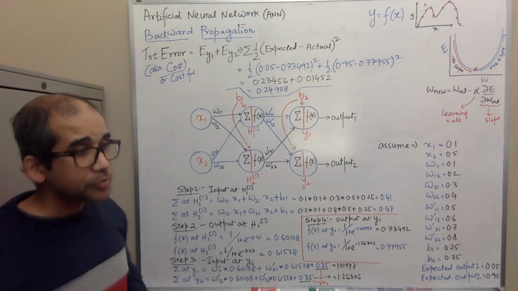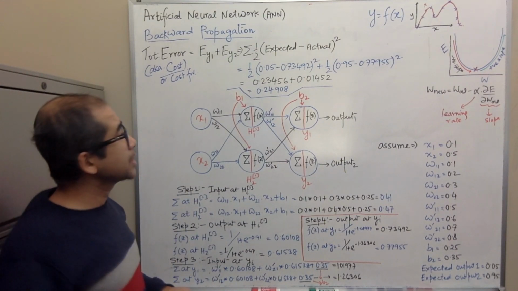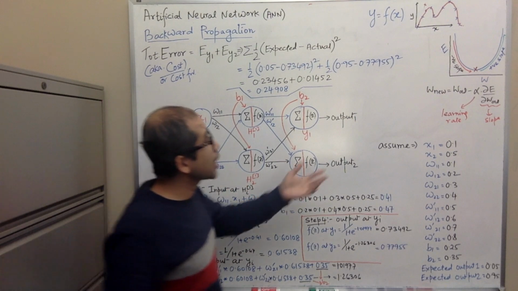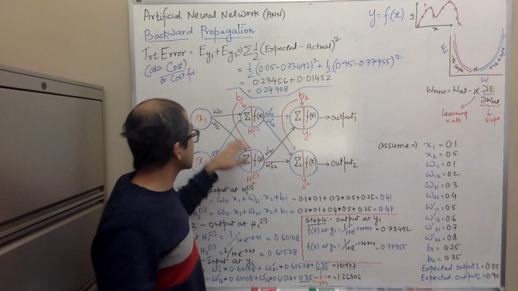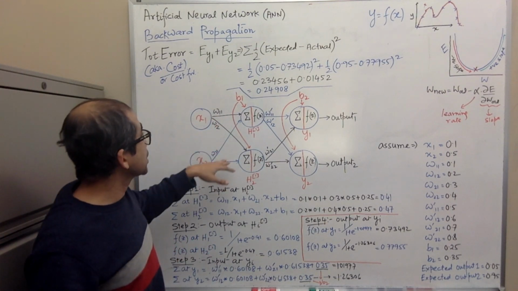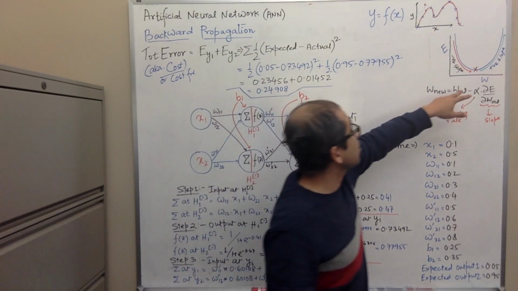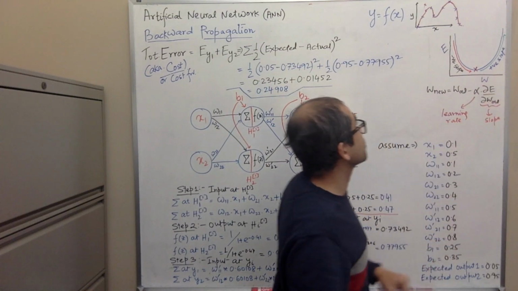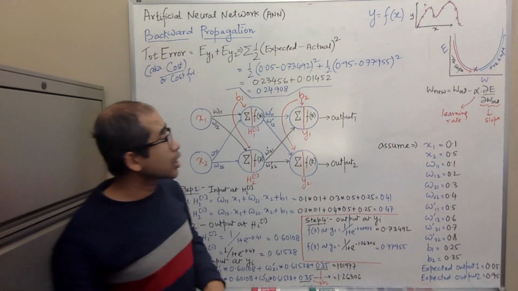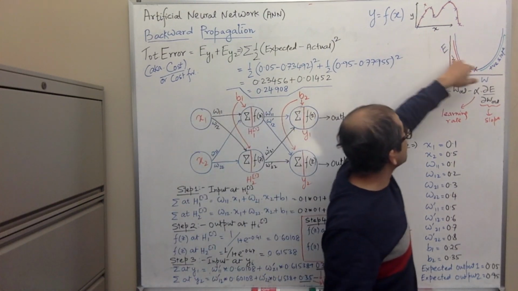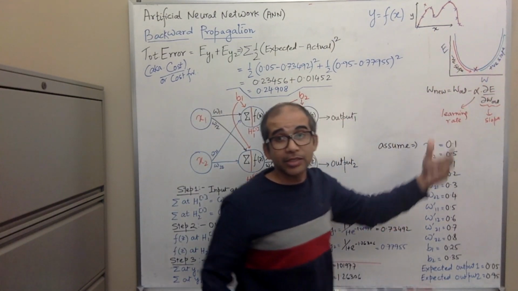Now, as we have seen, if we plot the error function with respect to any of the weights, there are 8 different weights, and if we plot with any particular weight, we will see the function is basically a convex function. It's a square, a parabolic curve, something like this, not exactly this, just an example.